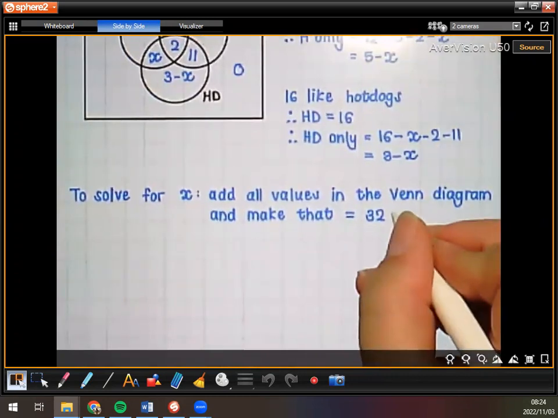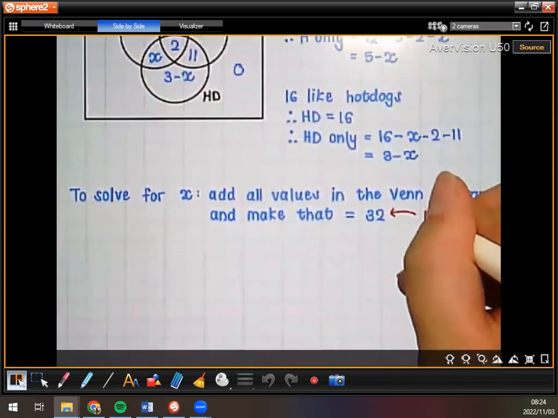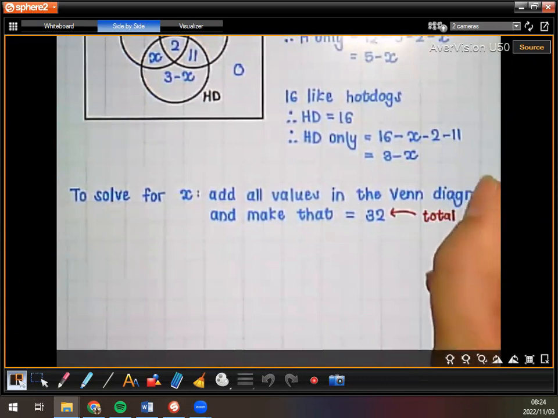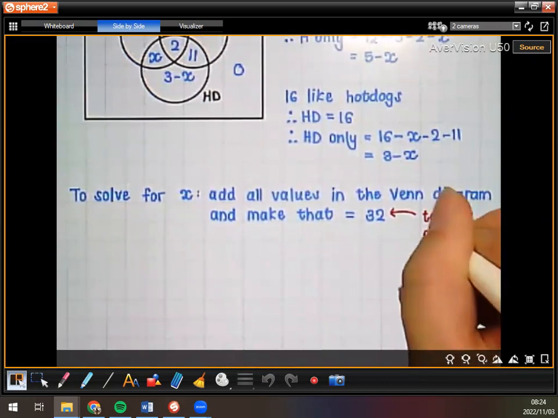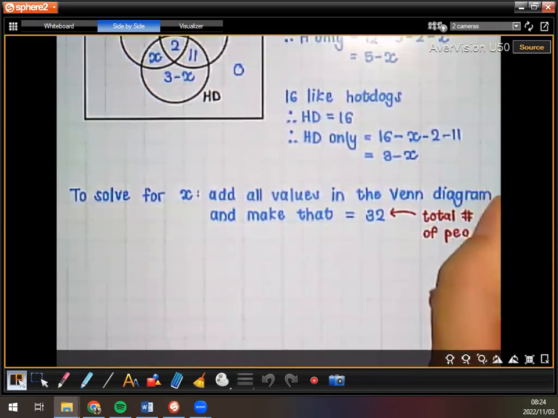And this 32, because obviously it's not always going to be 32, is the total number of people.